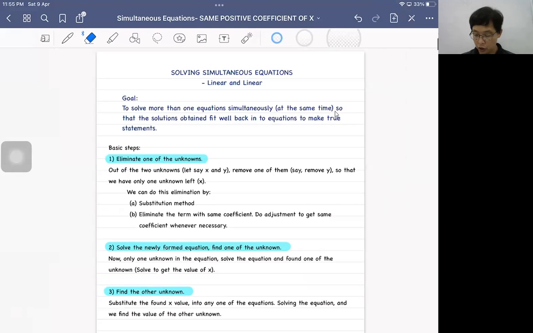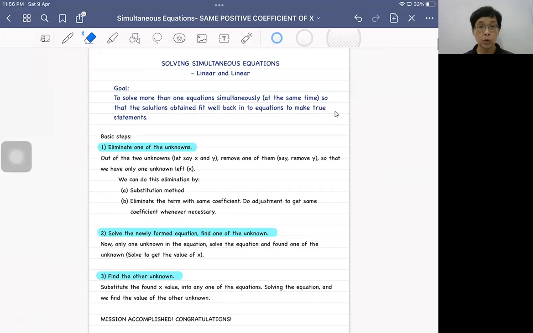Here on this page, I have shown the details of the steps, but I'm not going to bore you with all this detail. I just want to draw your attention to the three titles that I have highlighted, that are repeatedly used in the process of solving simultaneous equations.